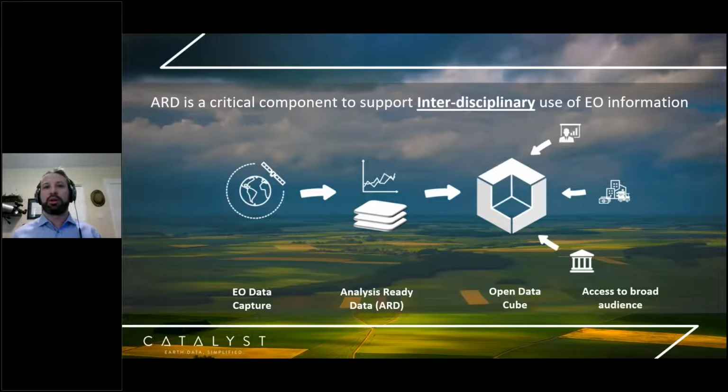Another really important factor about why analysis ready data is so important is what it allows us to do in terms of evangelizing Earth observation to other disciplines, making it interdisciplinary. Now, there's a lot going on the screen here, so I'll quickly break it down. What we ultimately want to do is make Earth observation imagery more easily available to downstream users, so that it's not just accessible to geospatial experts or people familiar with the domain.